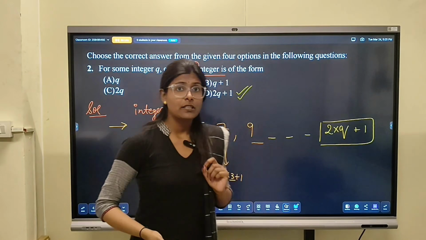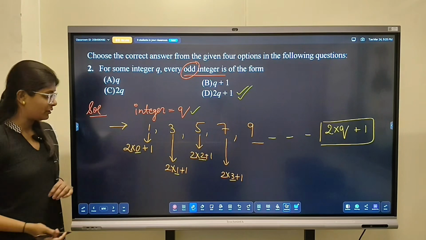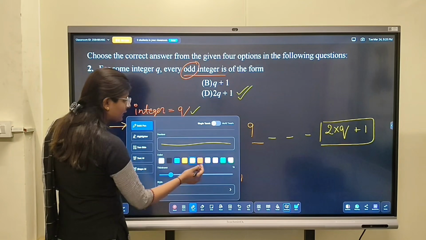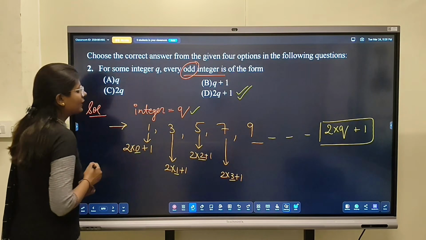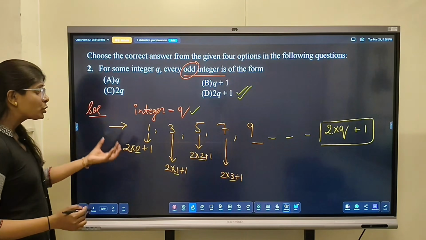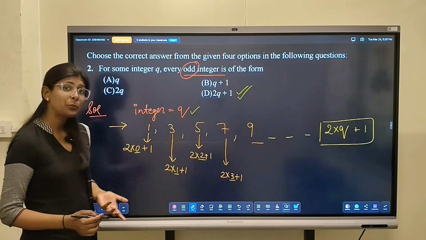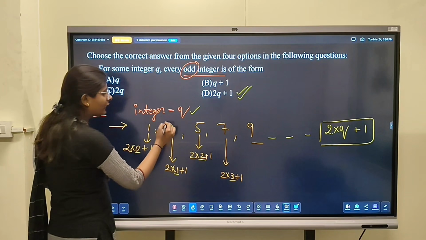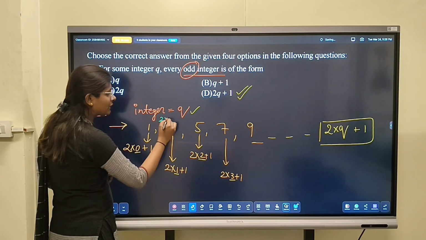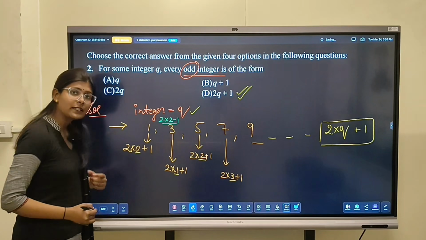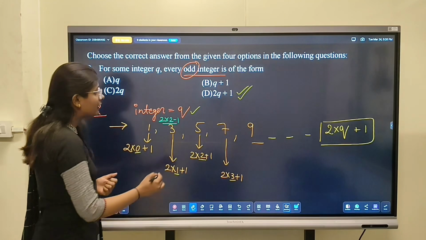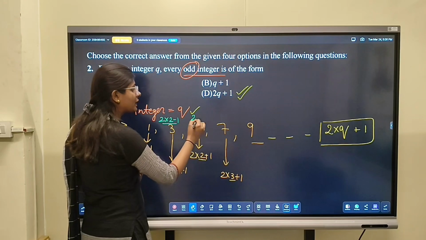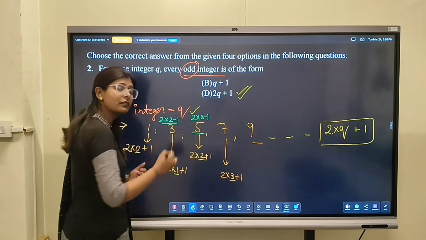But there is a catch. Sometimes you don't get this option. Then in that case, you should know that these numbers can also be represented in a different way. How? Can I write 3 as 2 times 2 minus 1? Isn't it 4 minus 1, 3? And then 5 can also be written as 2 times 3 minus 1, right?